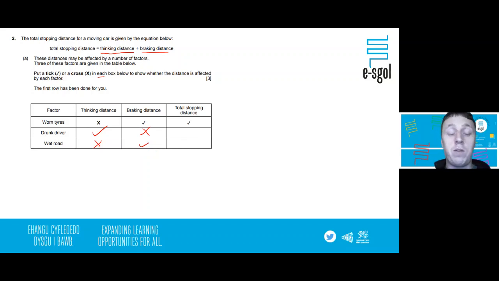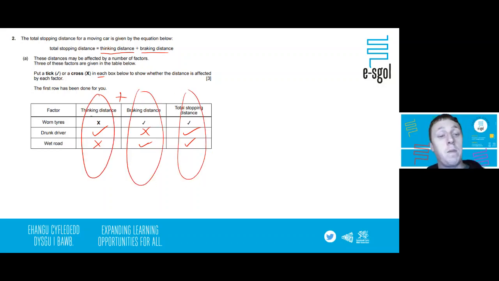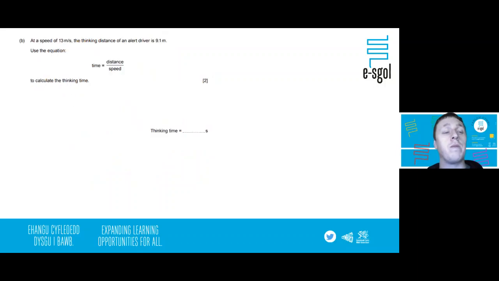Once we reach this point, hopefully we identify that total stopping distance is affected by the two, thinking plus braking. So if it's affected by one, the total is affected in both scenarios. So 3 marks, ideally each column correctly awards one of those marks. That's why we can ensure to put a tick or a cross in every single box.